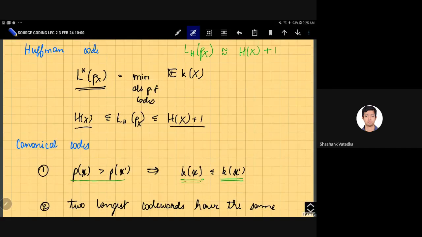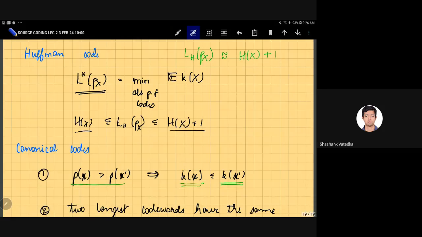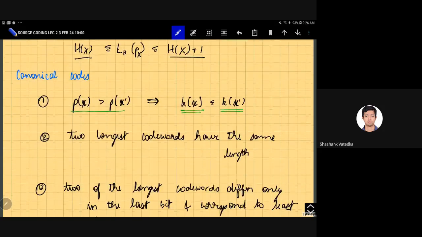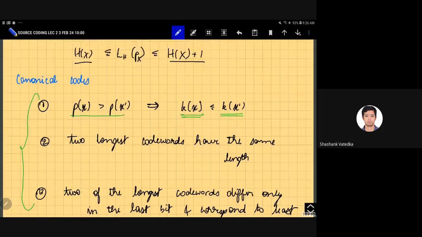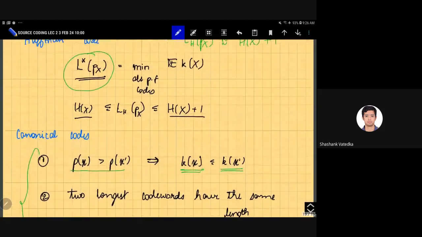An optimal code achieves L star of Px, whereas a canonical code is a prefix-free code which satisfies these three properties. We'll see how these two are different.